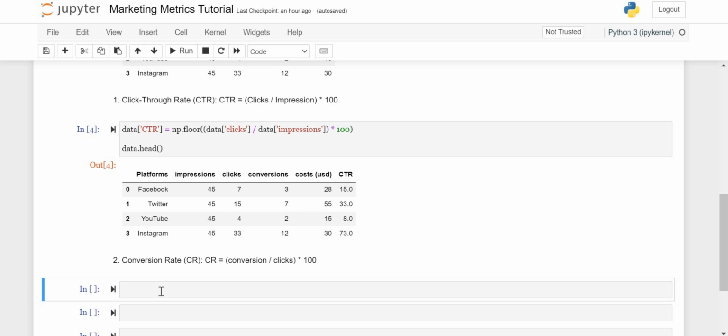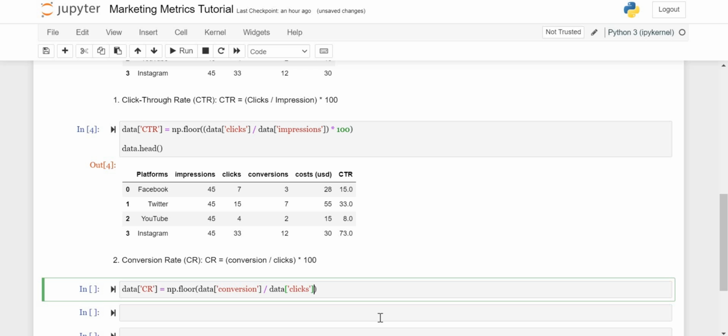So right now we're going to be doing the same thing that we did for CTR. We add another column, which is CR equals to, and of course we want to floor it as well. Then data conversion, right? Conversion divided by data clicks.